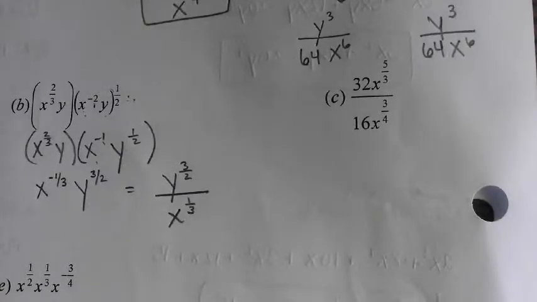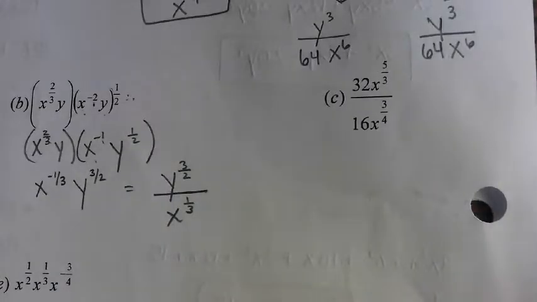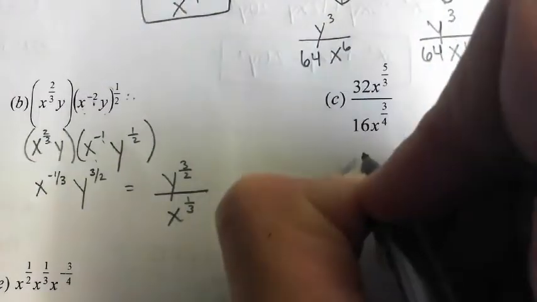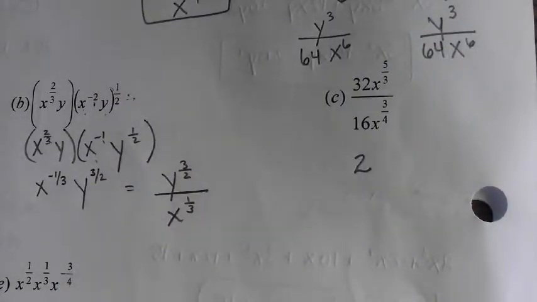In C with coefficients, you want to treat them and reduce them per usual. So 32 over 16, they both have a factor of 8. So if you divide an 8 out of both of those, you'll get 4 over 2, right? So divide a 2, you'll get 2 over 1. You don't need the over 1. And then 5/3 minus 3/4. Now, if you didn't have a calculator, you'd need to get a common denominator.